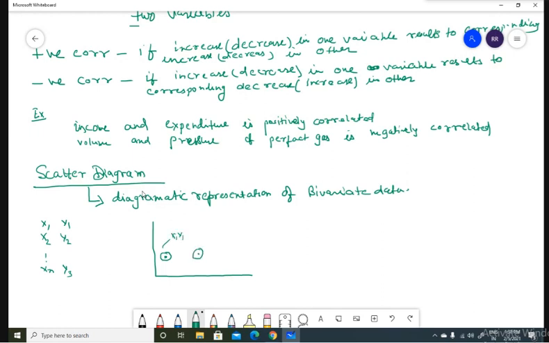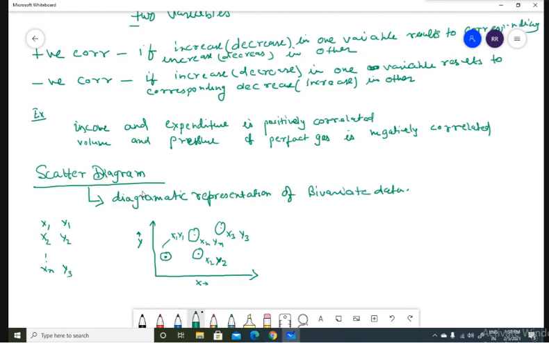Similarly, this point may be x2, y2, this point may be x3, y3, and this point may be xn, yn. So this is your x-axis and this is your y-axis. So this is a scatter diagram.